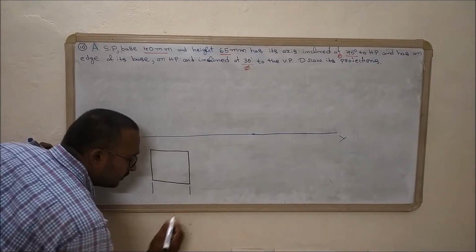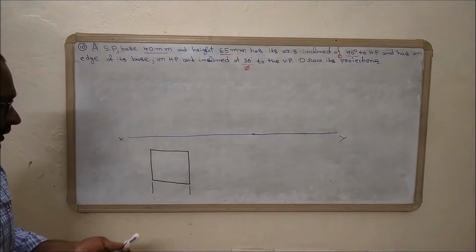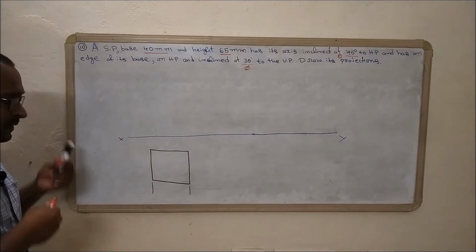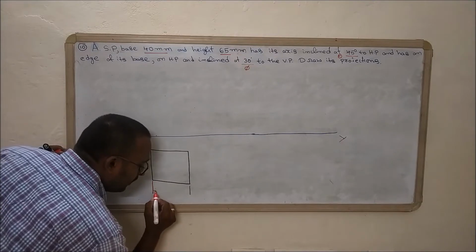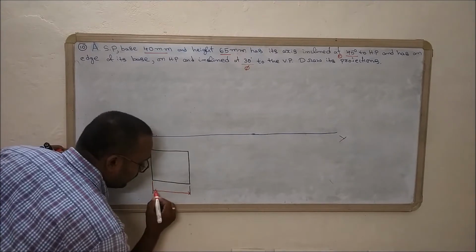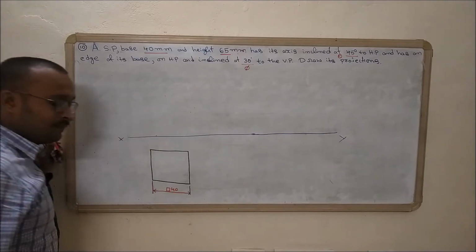Most of the people made a mistake in assignment 2. The dimension should be drawn on one side only, that is, square of 40.